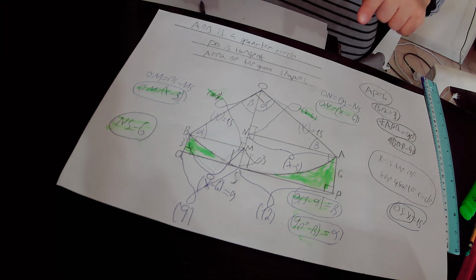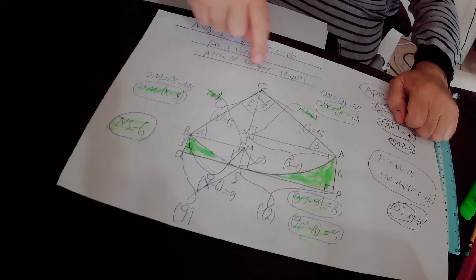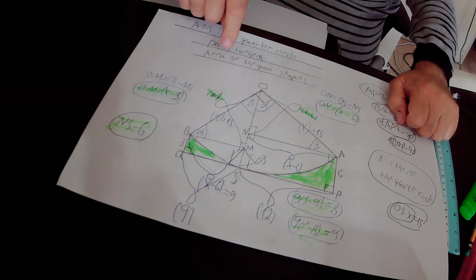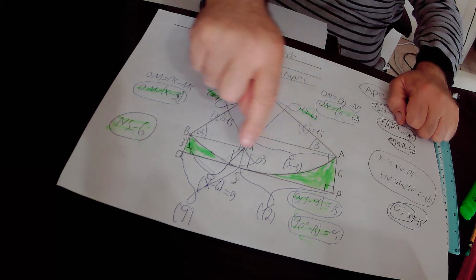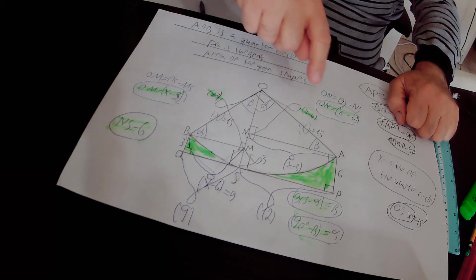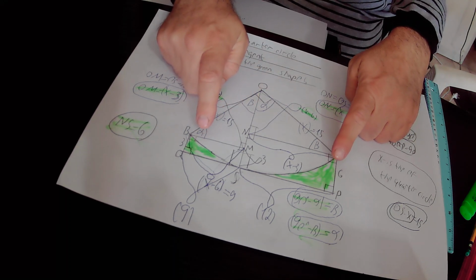I repeat again that the sum of the areas of those two trapezoids will give us the area of the whole shape, and the area of the whole shape minus the area of this quarter circle OAB will give us exactly the area of this green shape. That is the area that we are looking for.